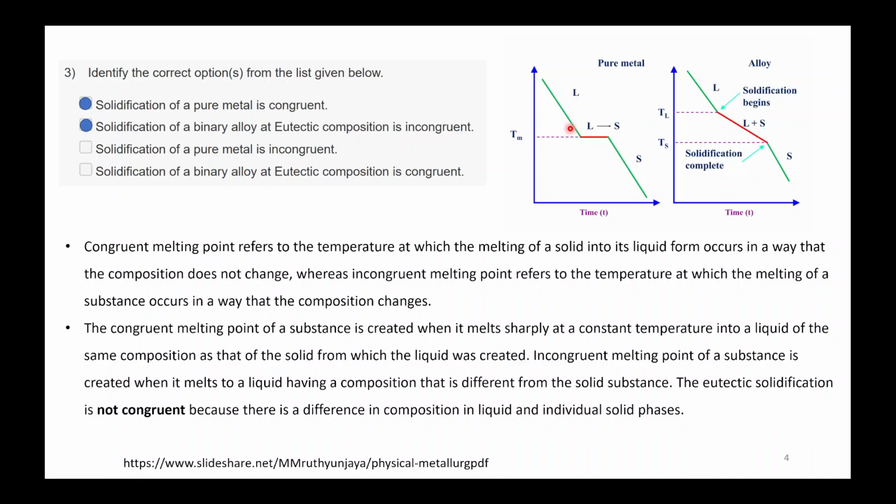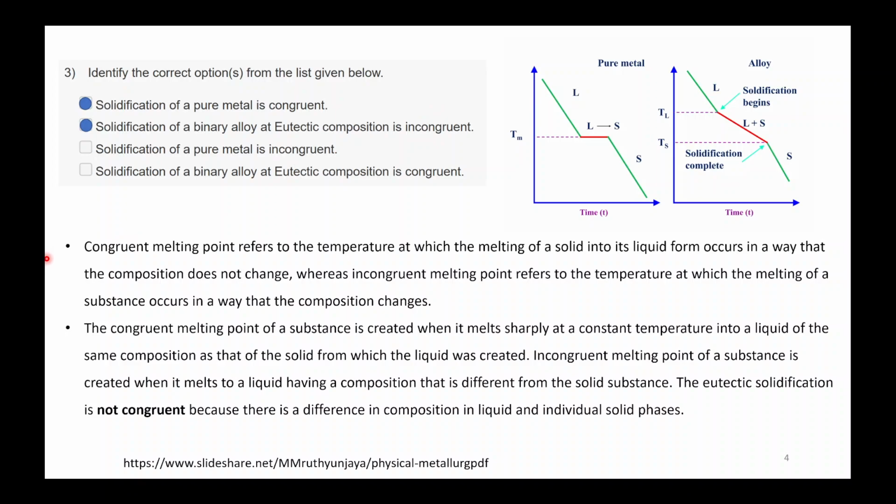For a pure metal, your solidification occurs at a single temperature. This also happens in case of eutectic composition, but the problem is that in case of eutectic composition, the composition of the liquid is different from the two individual solids that are formed. That's why that is called incongruent type of melting.